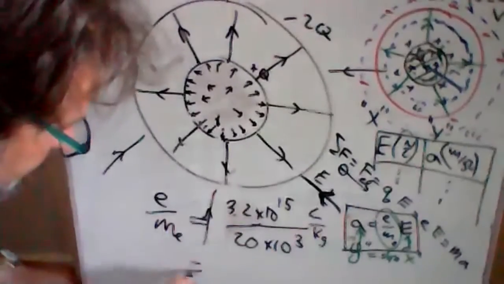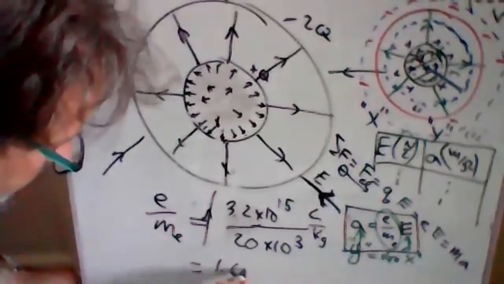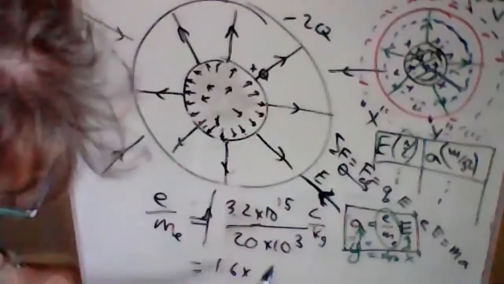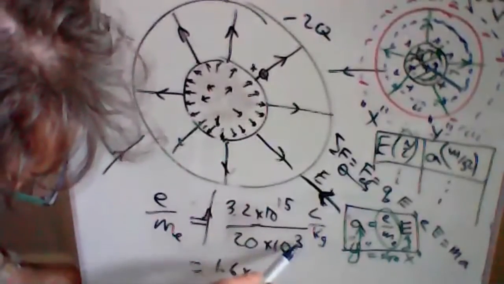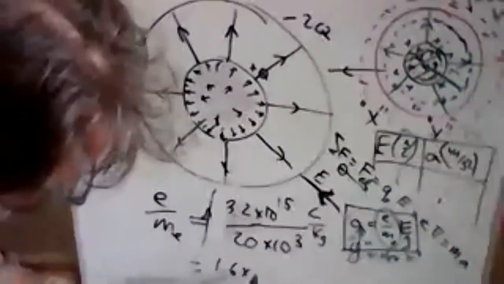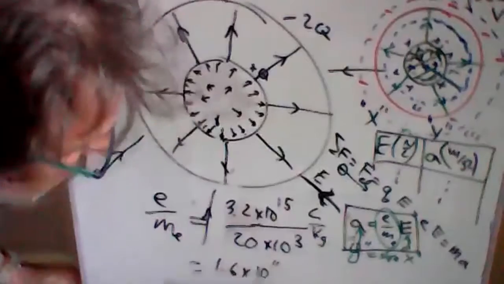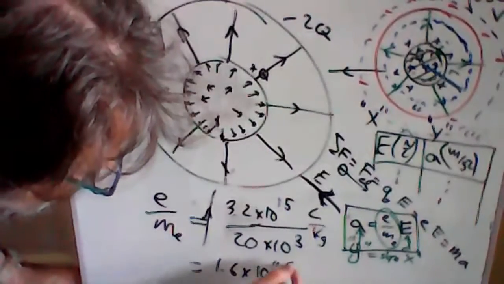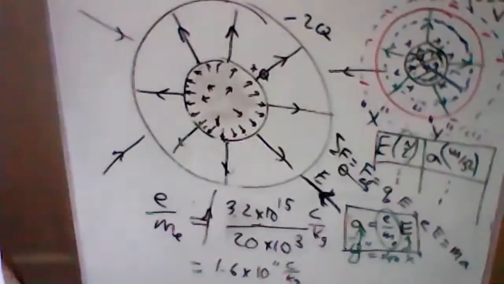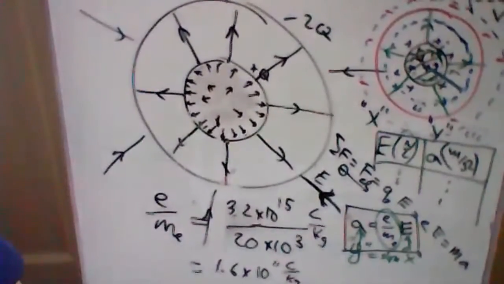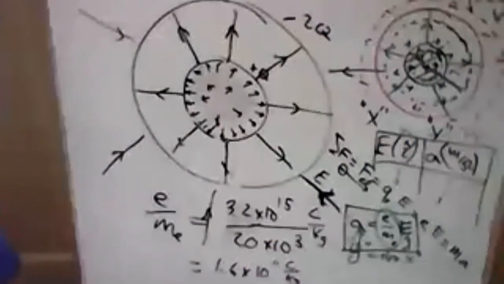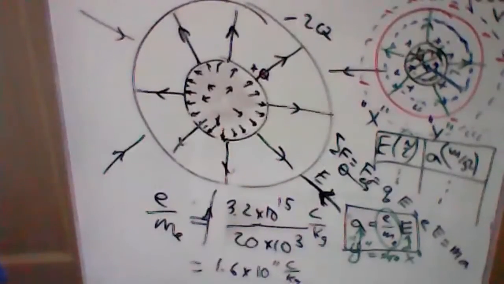And that would be about equal to 1.6 times 10 to the 11 coulombs per kilogram. Right. That's close enough, I'd say.